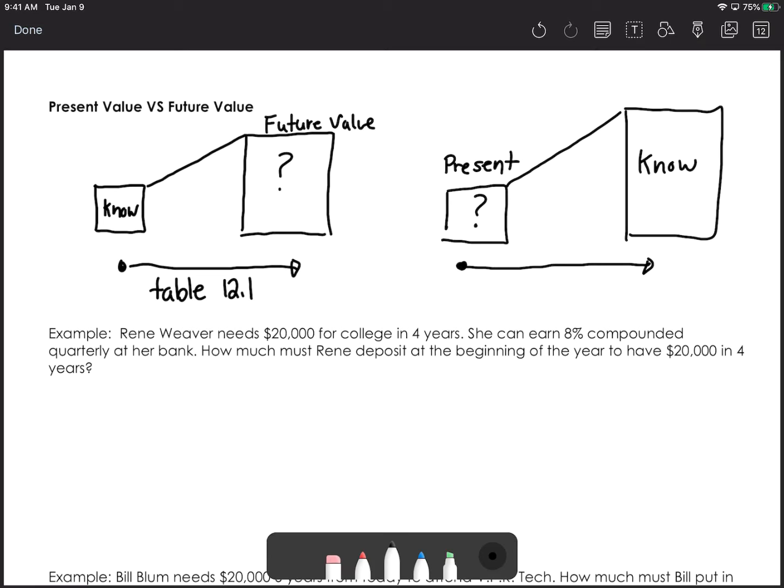So when we use table 12.3 in our handbook, that's the second column, that's going to represent present value. So that's a situation where we know what the end result is. We know what we want to have in the future, but we need to figure out what we have to put in the bank right now to have that amount later on.